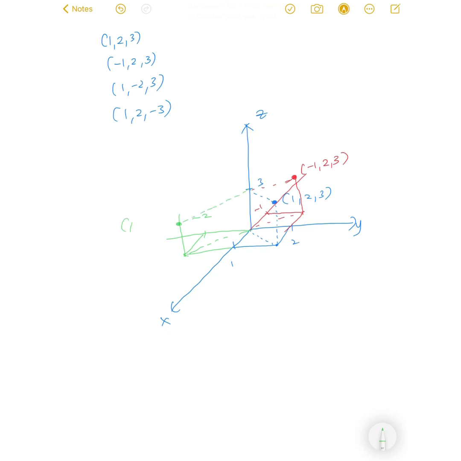So this will be (1, -2, 3). Make sure this is parallel, as is this one.